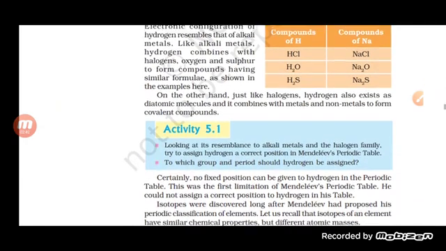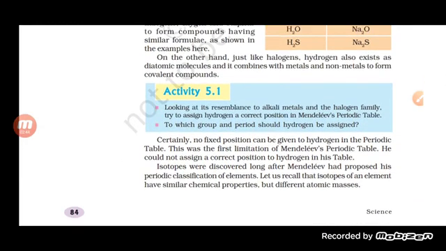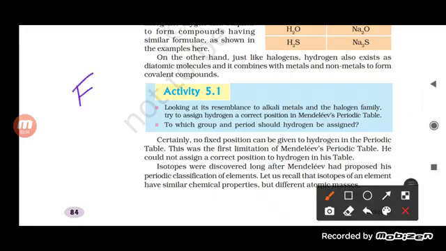On the other hand, if we talk about halogens, halogens also exist in diatomic form, and they also combine easily. Now you see here, hydrogen shows some of the properties that halogens show. Let me tell you, the halogens are fluorine, chlorine, bromine, iodine.